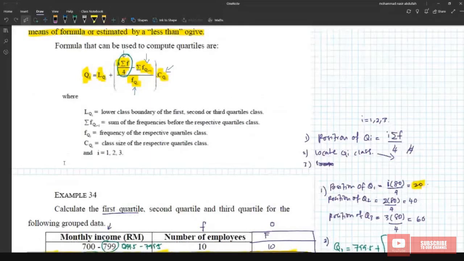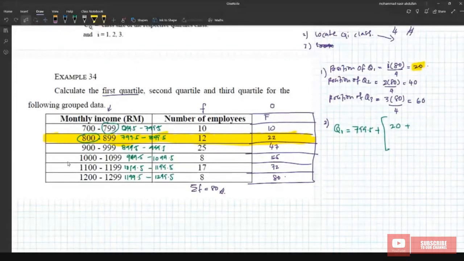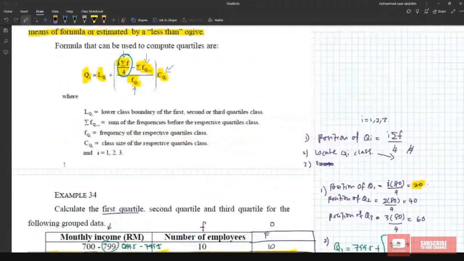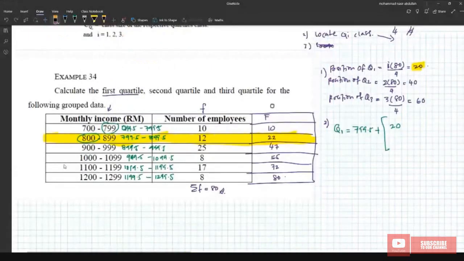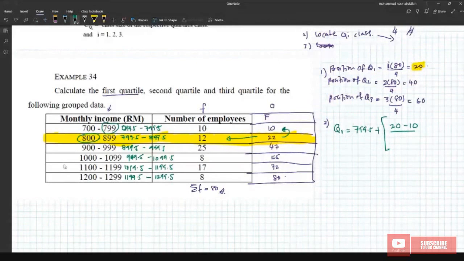So the position of quartile number 1 is 20, minus the cumulative frequency before quartile number 1, which is equal to 10, divided by the frequency of quartile number 1, which is equal to 12, and then multiply with the class size.